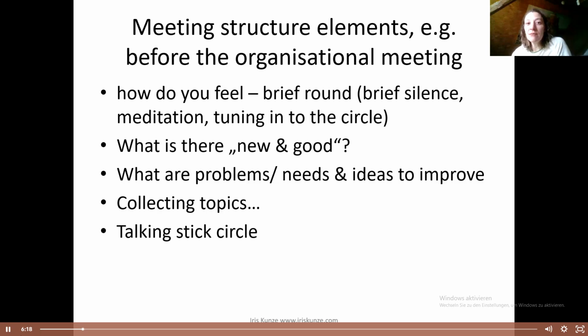These are the meeting structure elements, as I call them. If you meet together with these people and your mates, you can start with a brief round: how do you feel? Either start with a flashlight round, how it works, how people feel.